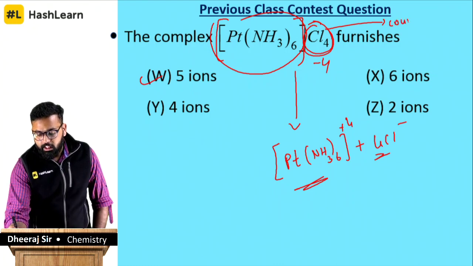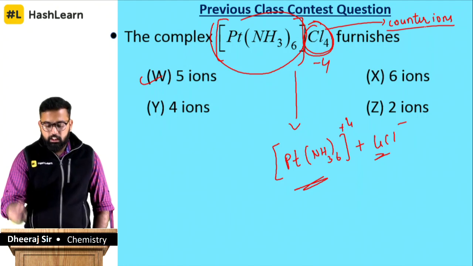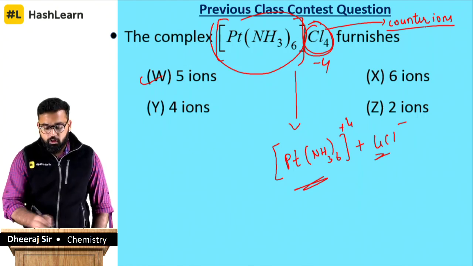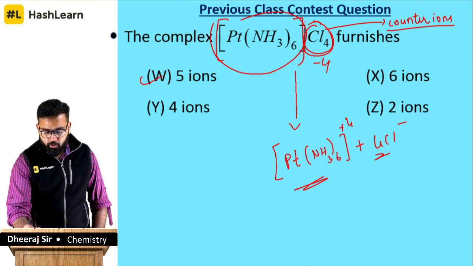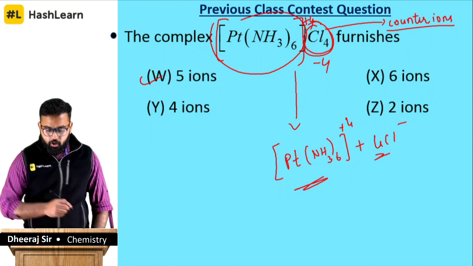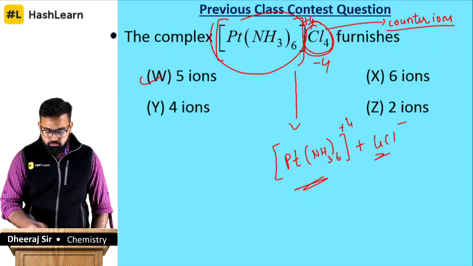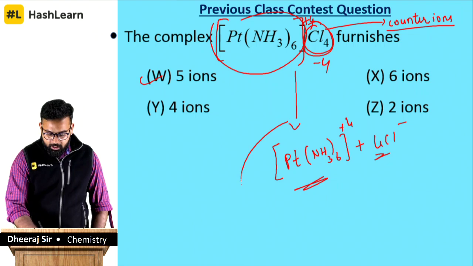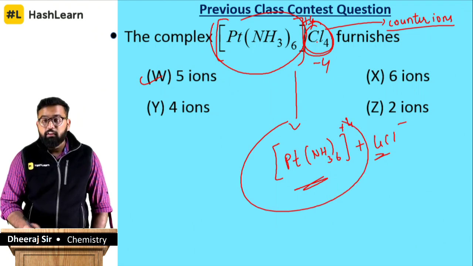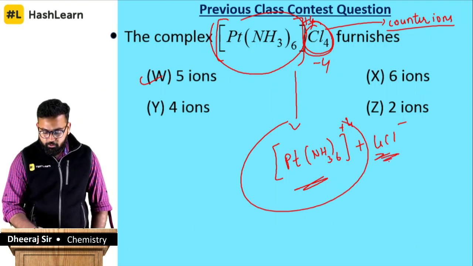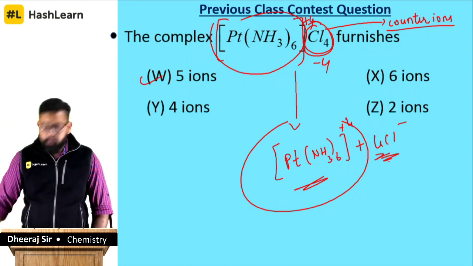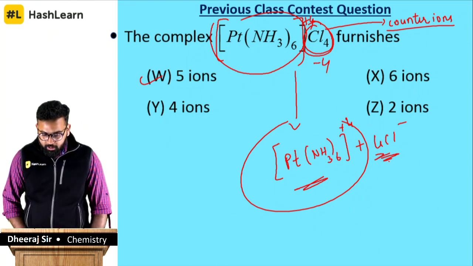We call them counter ions, because their work is to counter the charge on the coordination sphere. So if it is -4, the charge on the coordination compound is +4. So this will break into one +4 ion, and the 4 Cl will break into 4 chlorides. Therefore it is 1 + 4, 5. Hope you guys have understood this.